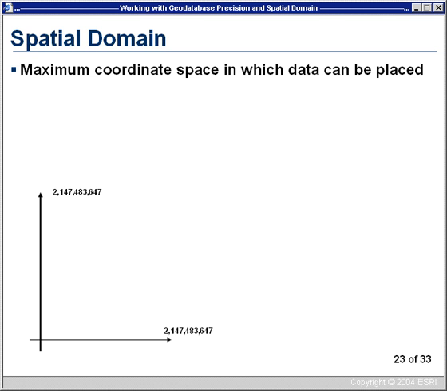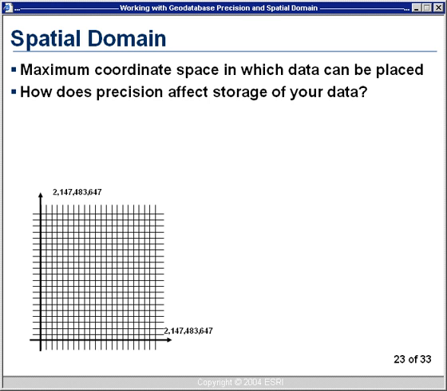Since a coordinate has both an x and a y, we will be essentially plotting this on a grid. This grid does not exist. It is a virtual or an imaginary grid. We call it spatial domain or coordinate domain, and it is the allowable coordinate space in which your feature class can reside.